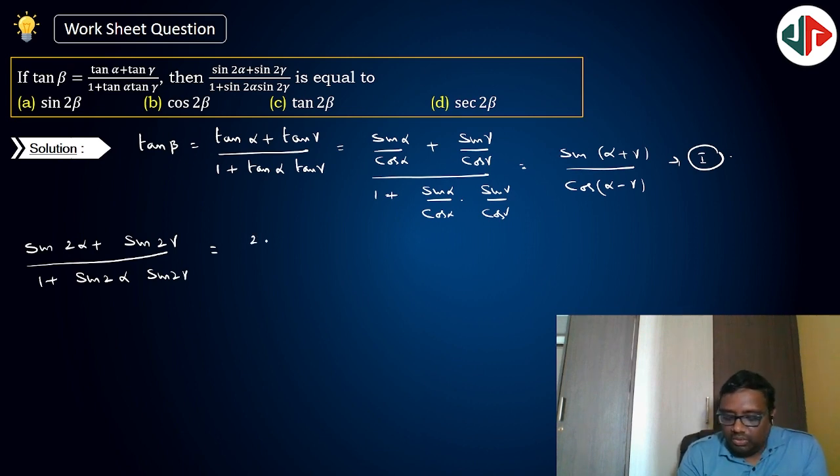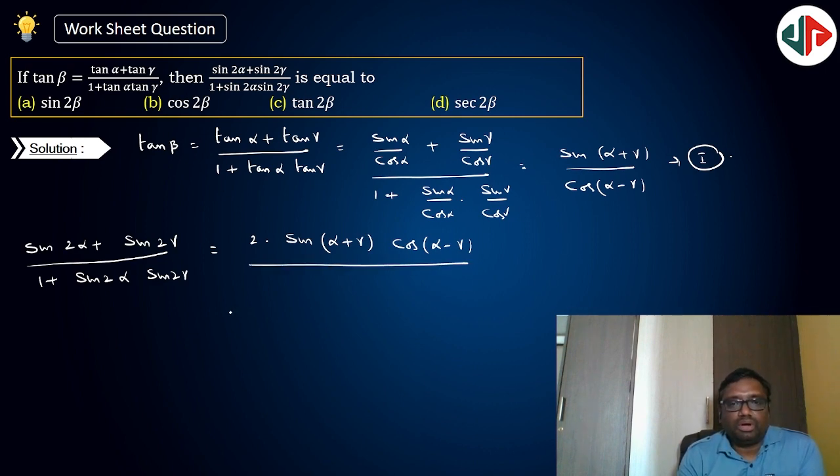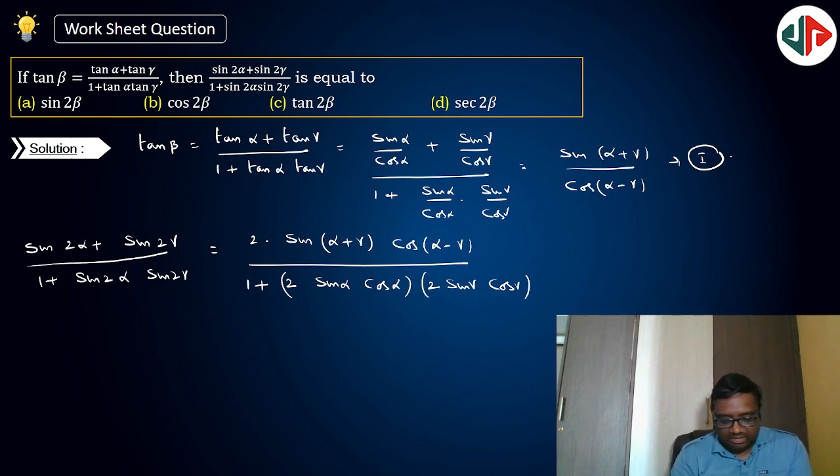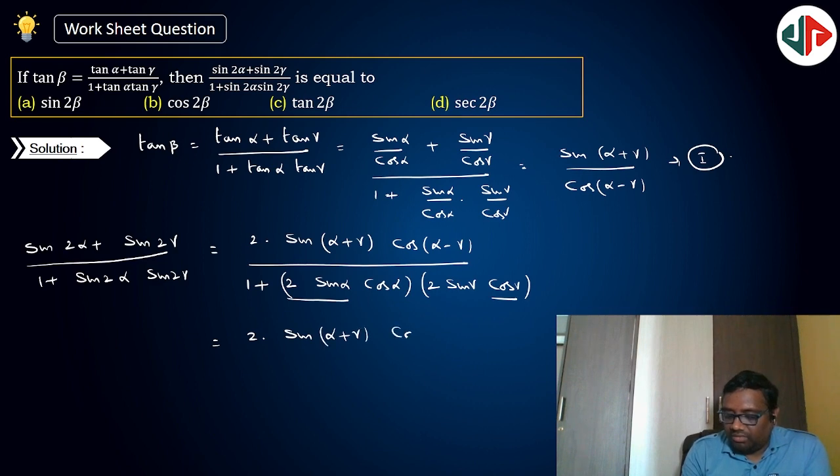We can rewrite this using sin c plus sin d equals 2 times sine of (c plus d) by 2 into cos of (c minus d) by 2, so the numerator is 2 into sine of alpha plus gamma into cos of alpha minus gamma.